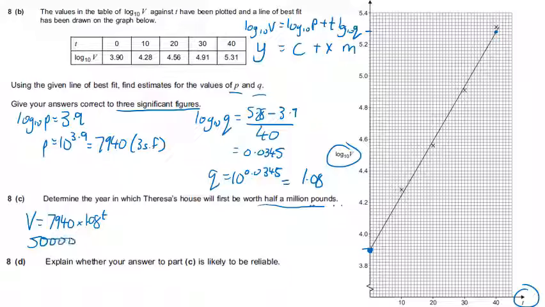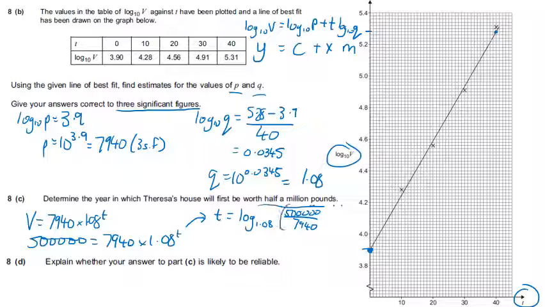So we've got 500,000 is equal to 7940 times 1.08 to the power of t. So if you rearrange that, divide by 7940 and then take logs in base 1.08, which you should be able to do on most modern calculators.